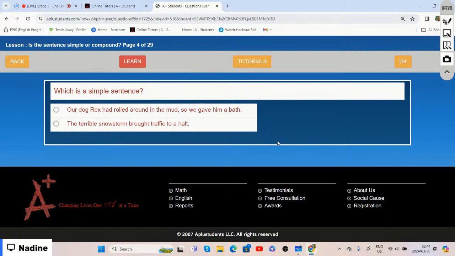All right, and if we choose our simple sentence, right, we'll say it is the second option, which is the terrible snowstorm brought traffic to a halt.